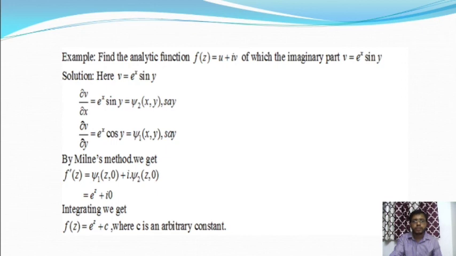So phi 2 of x comma y is the function, and it will be e to the power x into sin y. And similarly, del v del y, this is the partial differentiation with respect to y, and it will give e to the power x into the derivative of sin y. So the derivative of sin y is cos y, and we'll say it is psi 1 of x comma y.